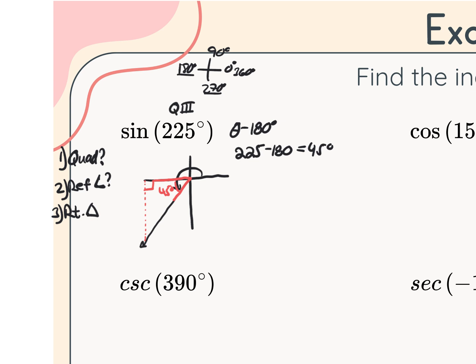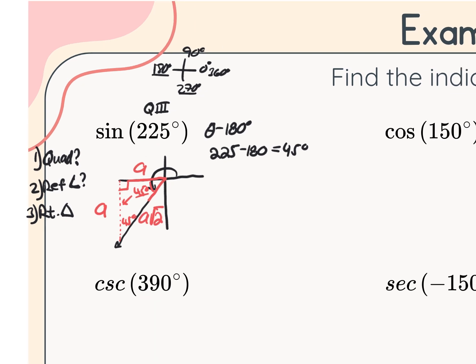It's either going to be a 30, 60, 90, or it's going to be a 45, 45, 90. And in this case, because there's a 45-degree angle, we know that this for sure is a 45, 45, 90 triangle. And so that would mean the side opposite of 45 degrees would be A, the side next to 45 degrees is A, and the hypotenuse is A square root of 2.